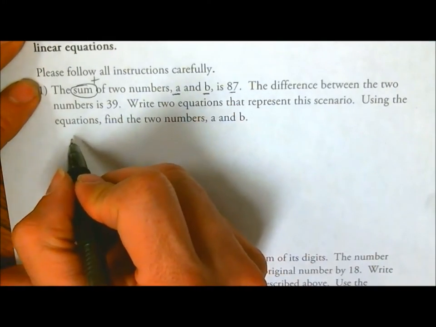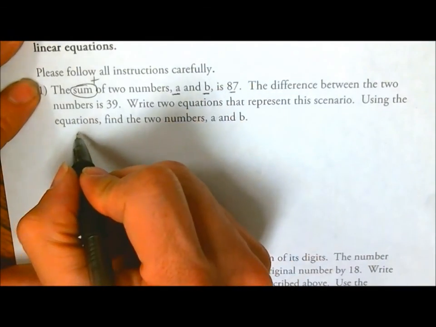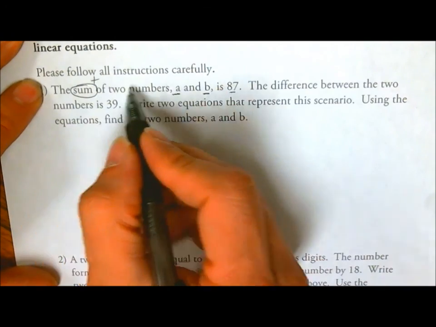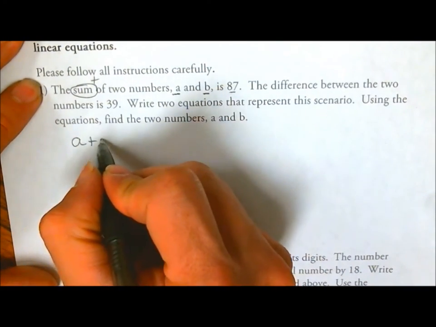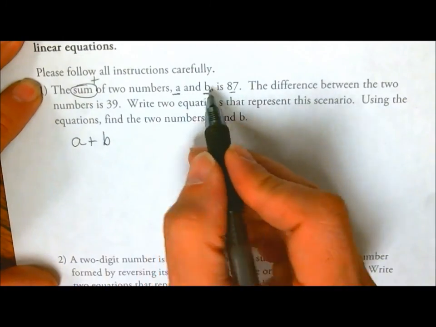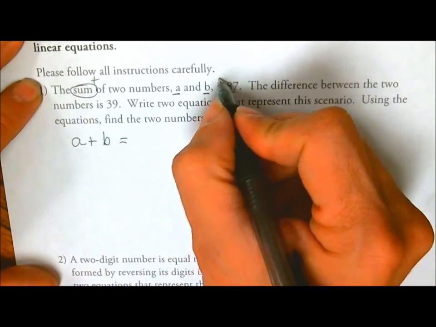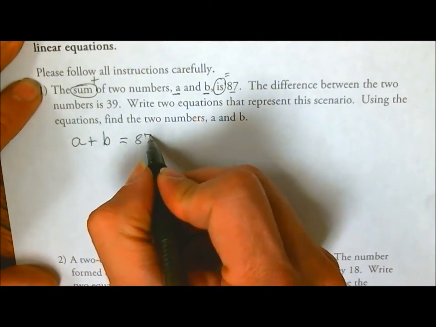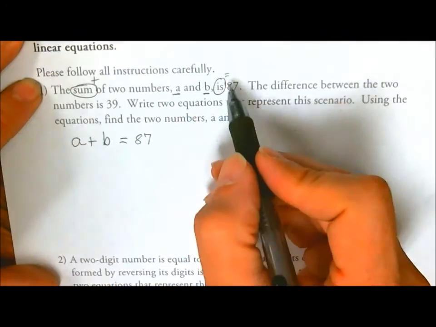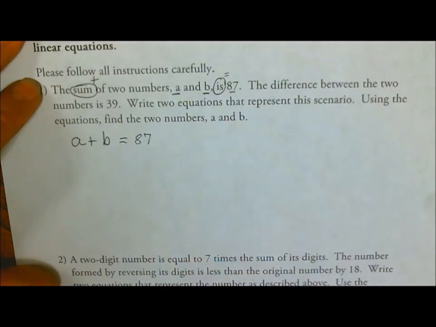So I'm going to write right off the bat, before I finish reading these instructions, a plus b, the sum of two numbers, is equal to 87. Because equal means equal in mathematics. We need to be aware of that. Remember that. Okay, good. I feel pretty comfortable with that.